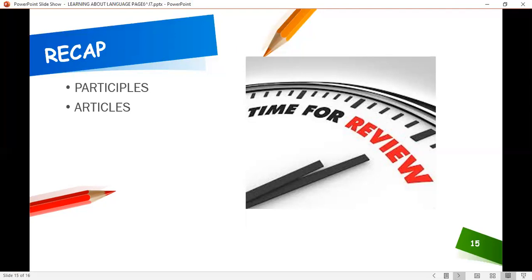Then we have learned the two types of articles, that are definite article and indefinite article. Definite article always refers to something specific, for example, the book, while indefinite article always refers to something unspecific, for example, a book.